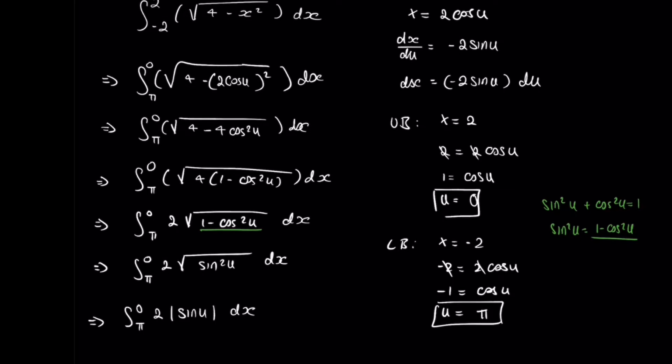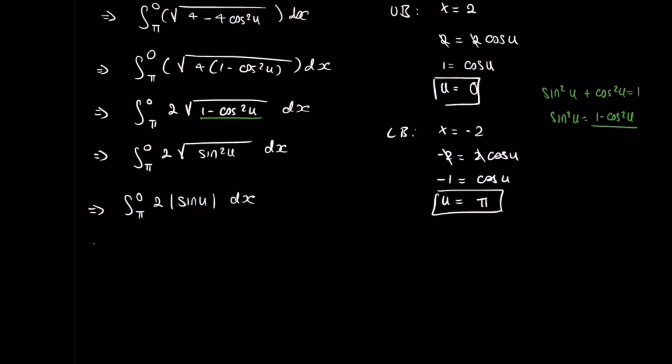And now we can replace dx by minus 2 sine u times du, which we found here on top, to get the integral between pi and 0 of 2 absolute value of sine u times minus 2 sine u du.